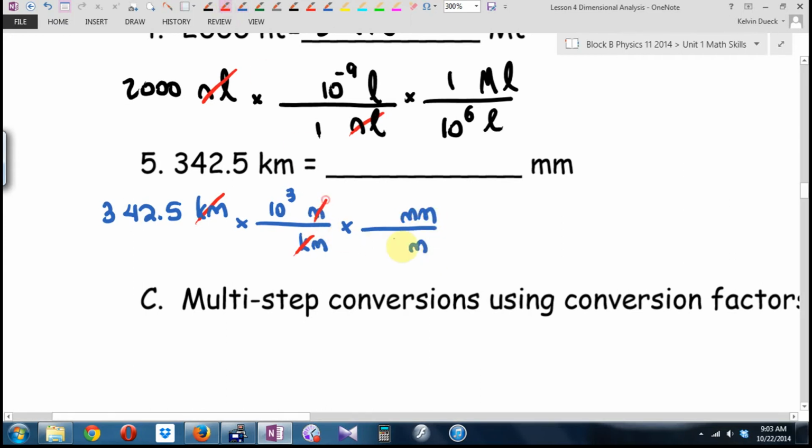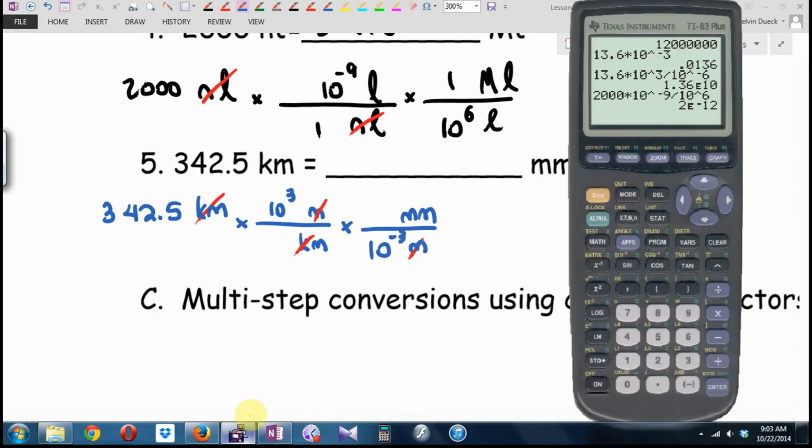That's going to cancel the meters. I need the conversion factor. What's milli? 10 to the negative 2? Negative 3? So it's going to be times 10 to the third divided by 10 to the negative 3.